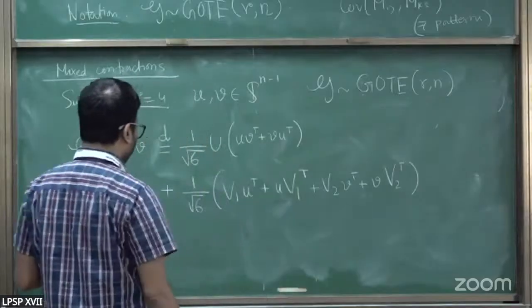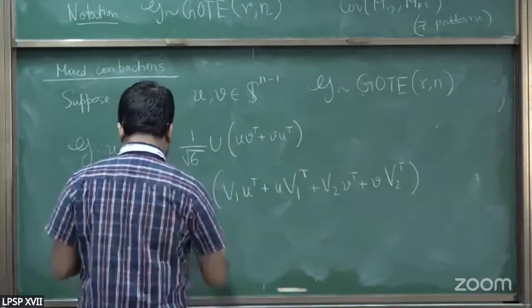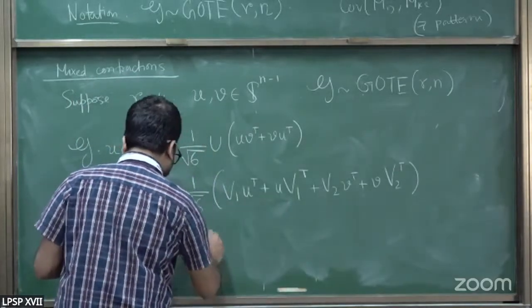Okay, so a rank 4 perturbation plus a GOE part.